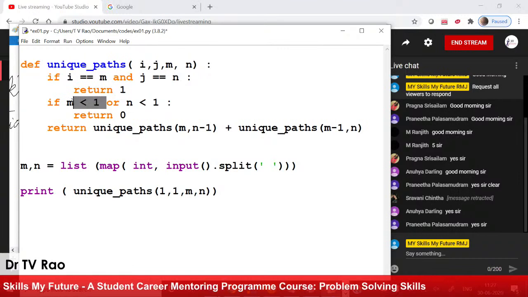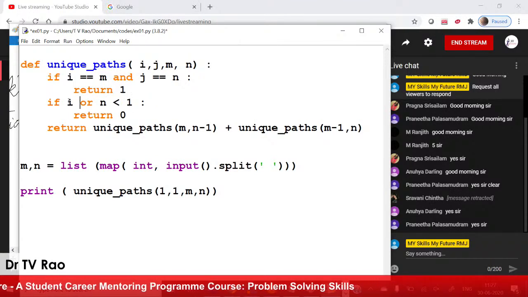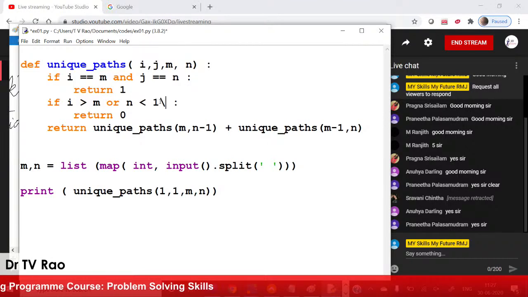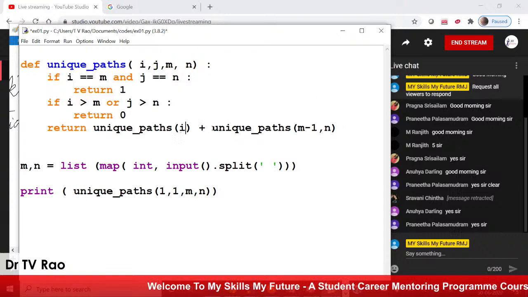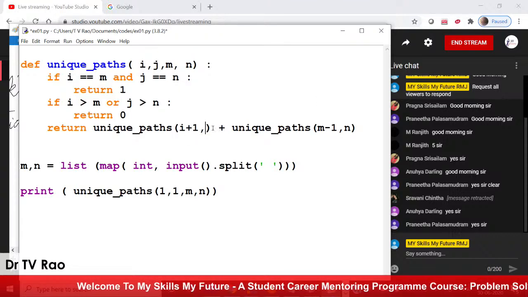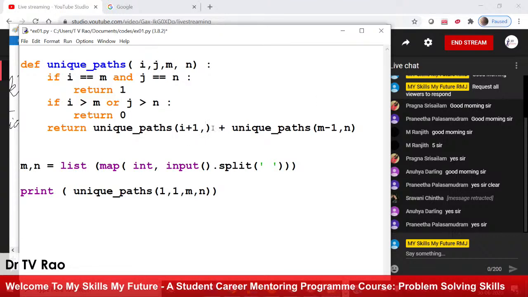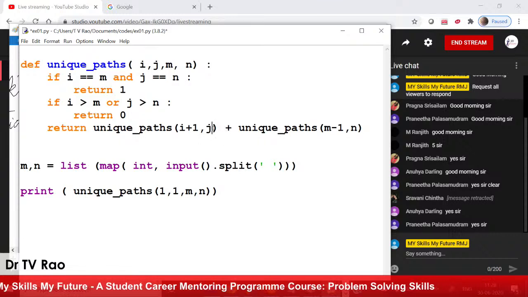Now if I is greater than m or j is greater than n, then you are out of the grid. Okay. Otherwise you go right, you go down in the same column.